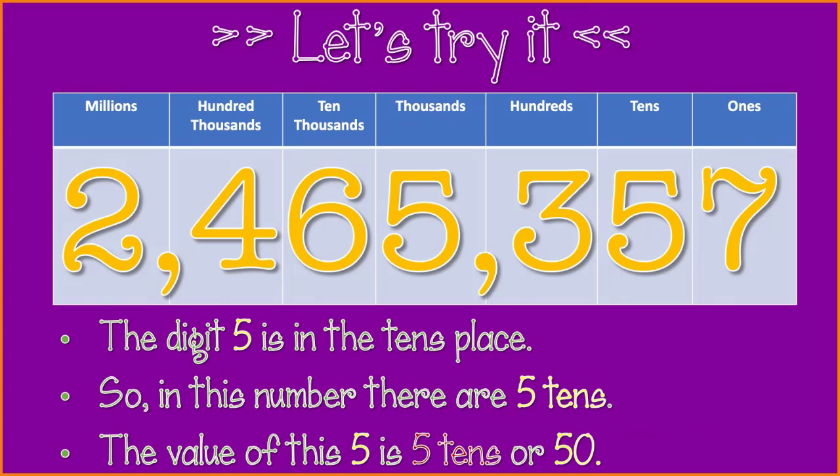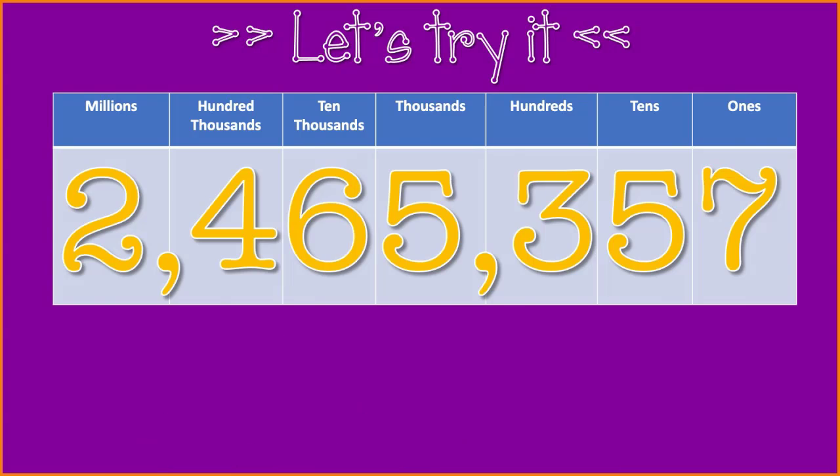Let us look at the other digit 5, the digit that is in the tens place value. This 5, as I said, is in the tens place value. So in this number there are 5 tens. So the value of 5 in this case is 50.